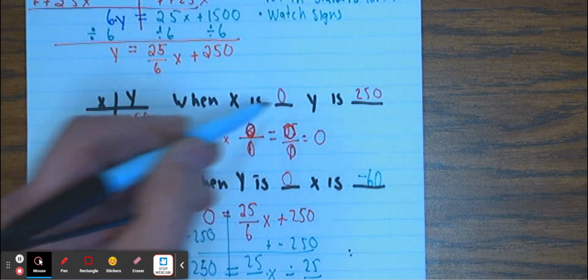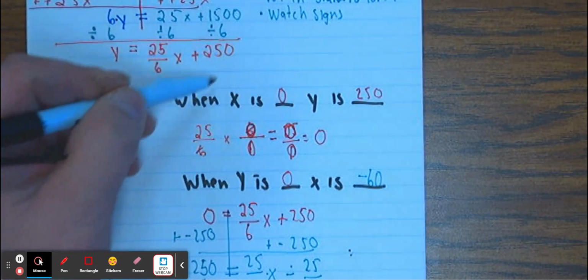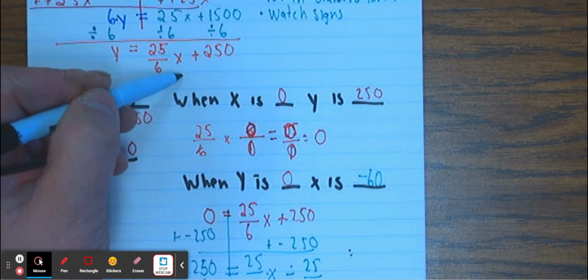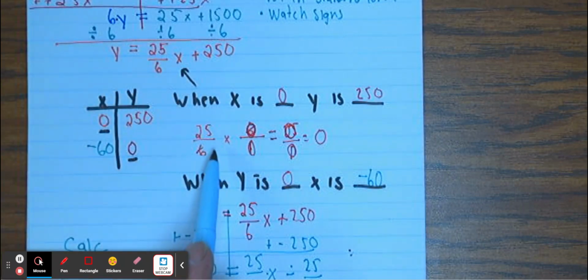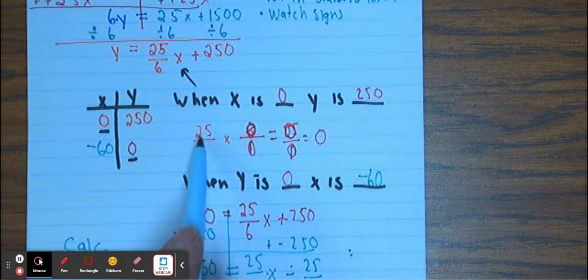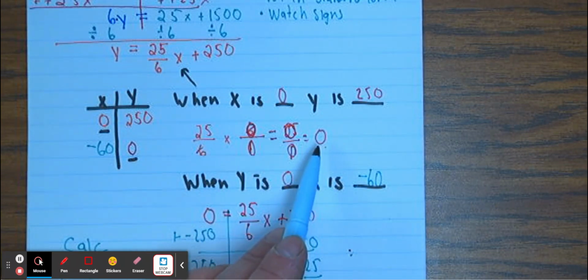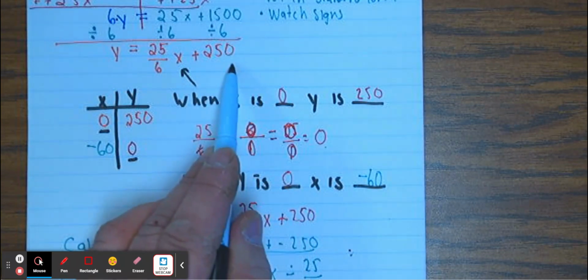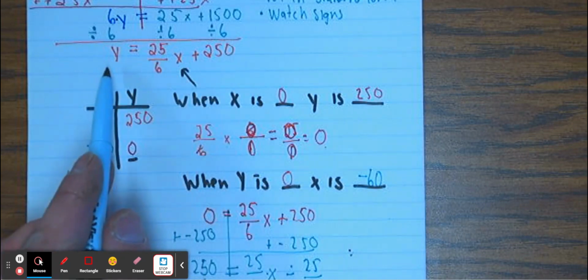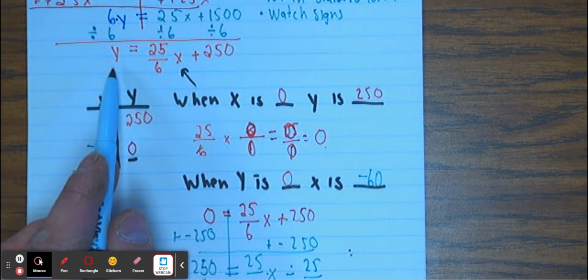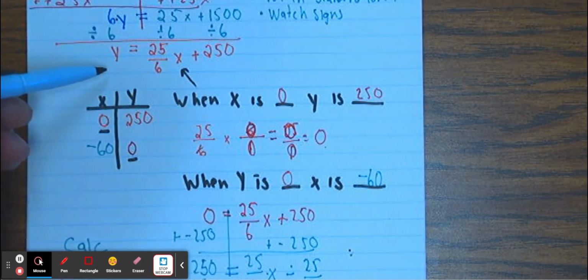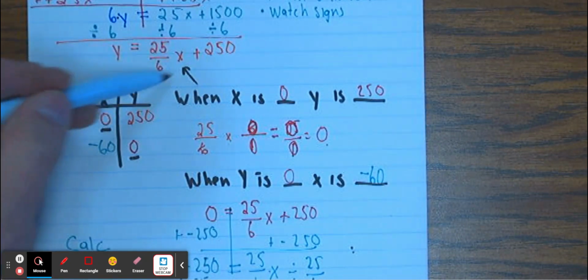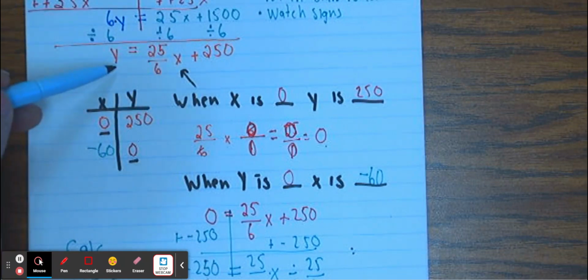So when x is 0, if I come to this equation right here and I substitute in 0 right there, 25 sixths times 0 is 0. So when I subtract 250 from both sides, I find that when x is 0, y is negative 250.